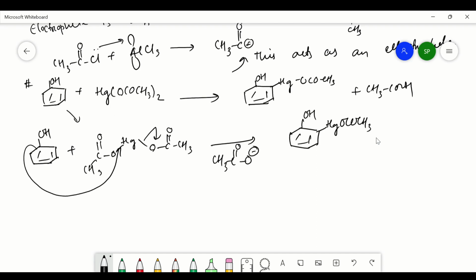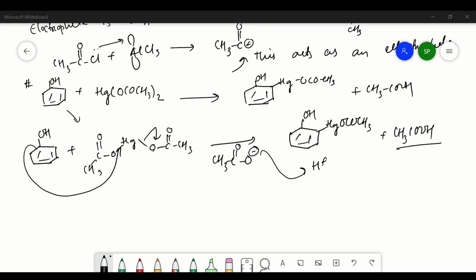In aromatization, there is removal of H plus. That H plus is captured by CH3COO minus to form CH3COOH, acetic acid. Okay, this is mercuration of phenol.